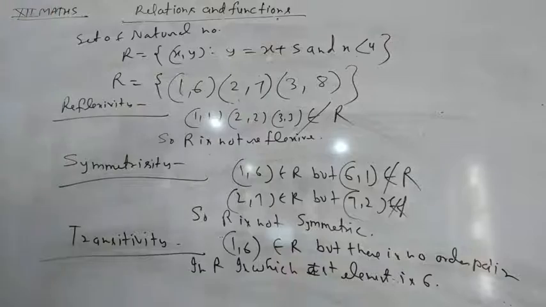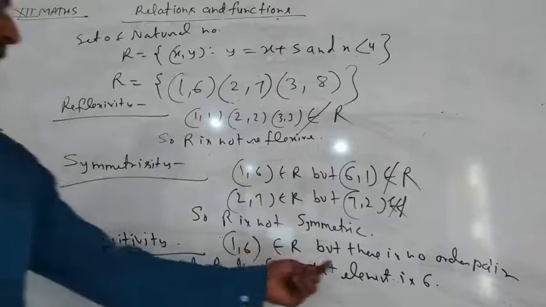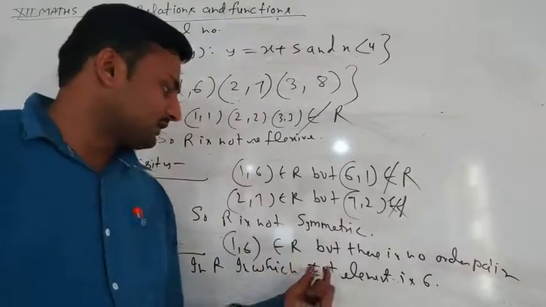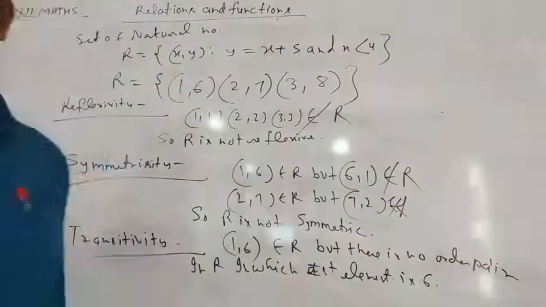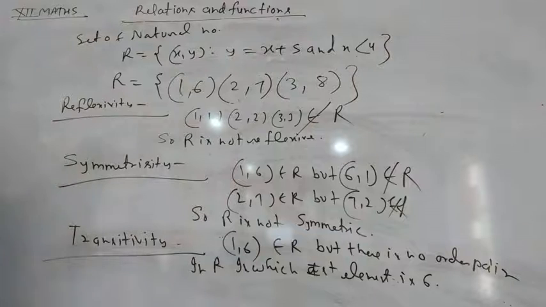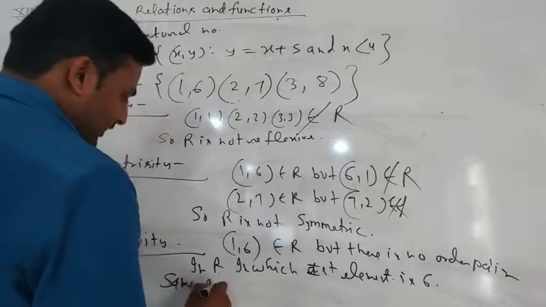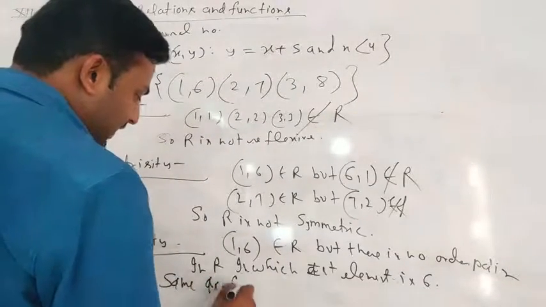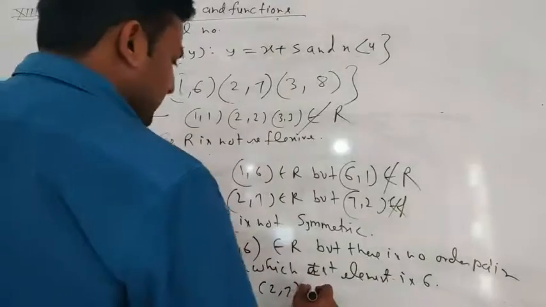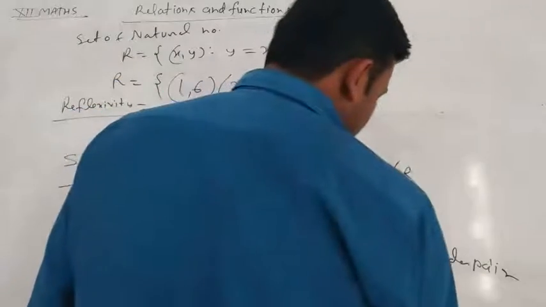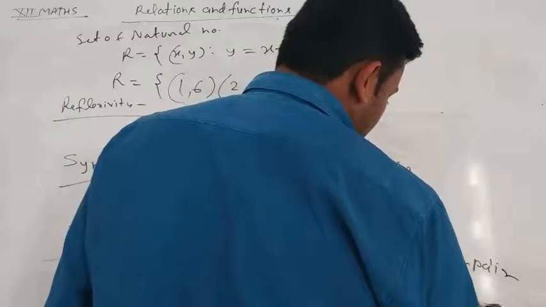The same is true for (2, 7) and (3, 8). This implies R is transitive.